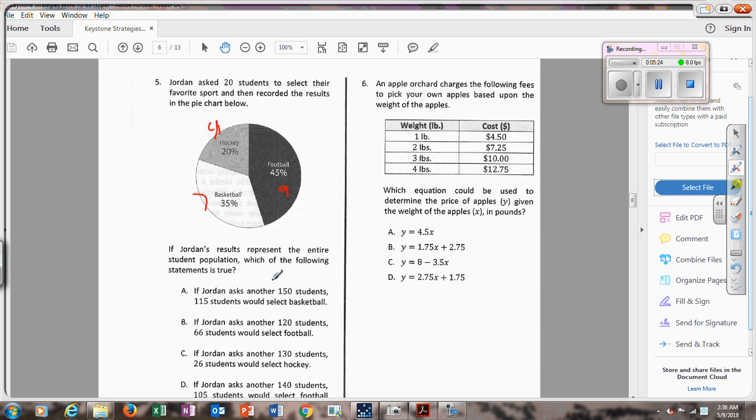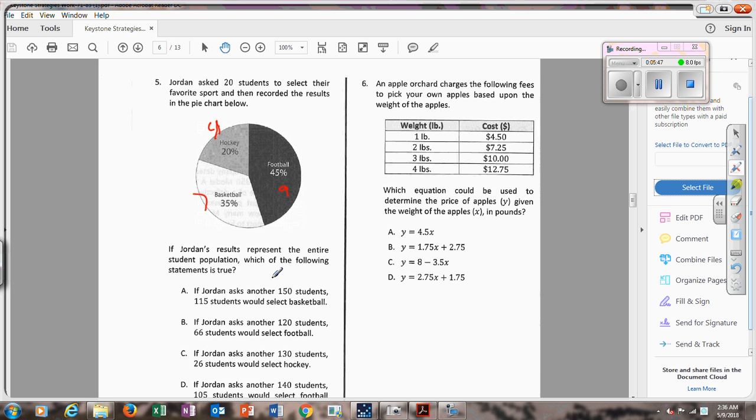So if you asked another 150 students, that's really not all that important there. But if you ask another 150 students, then it says 115 would select basketball. We could just do 0.35 times 150. That is 52.5, which is not 115.